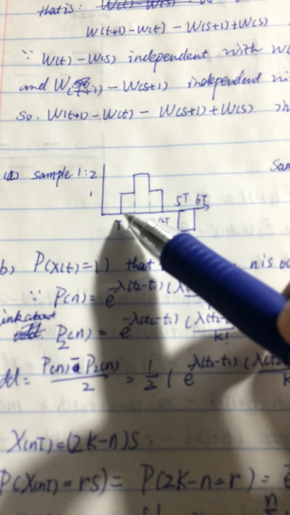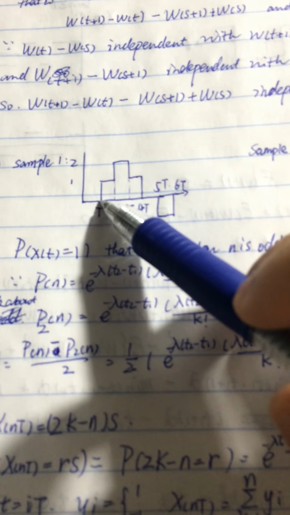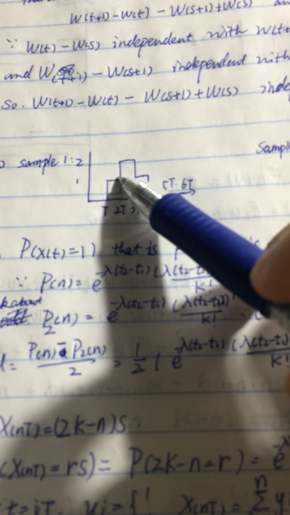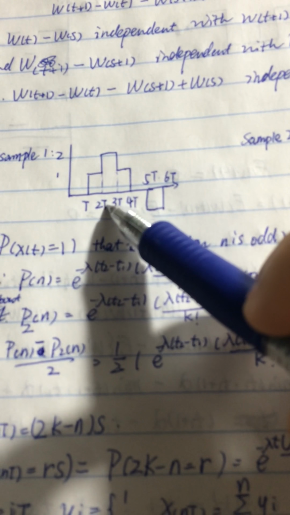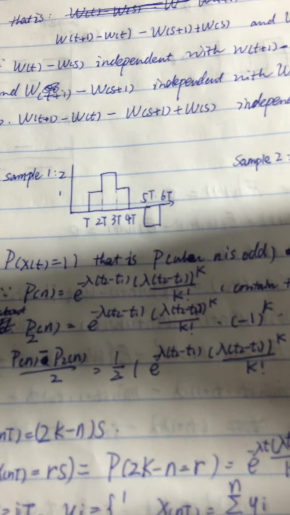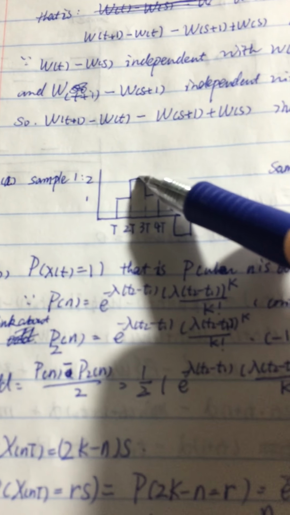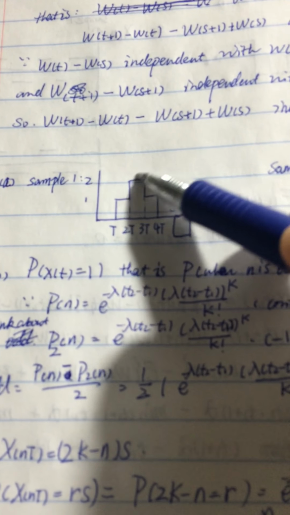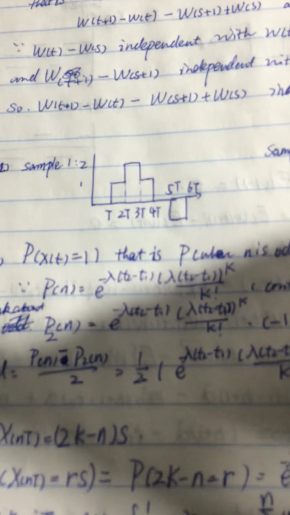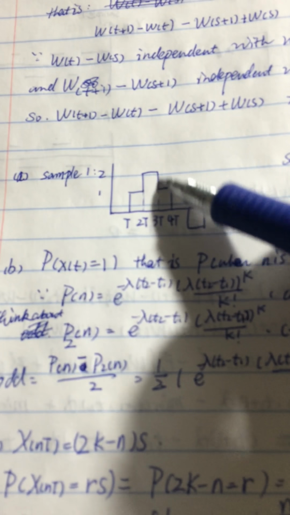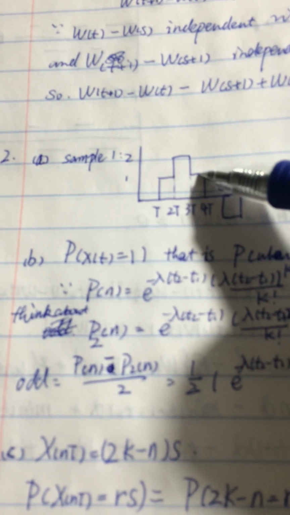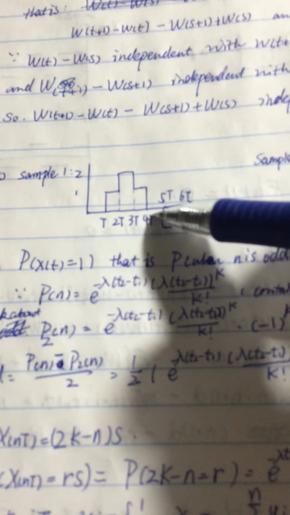When n is odd, we get 1. Maybe in this time zone it is also odd, so we add another 1 here, but here maybe it's even, so we get -1. That is, we jump down, we go down one unit.